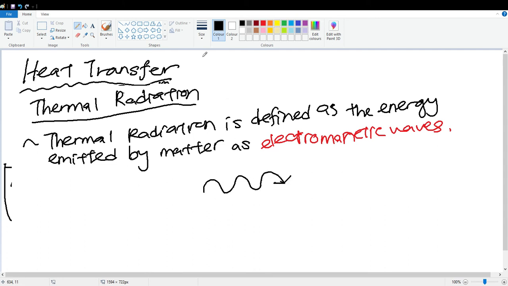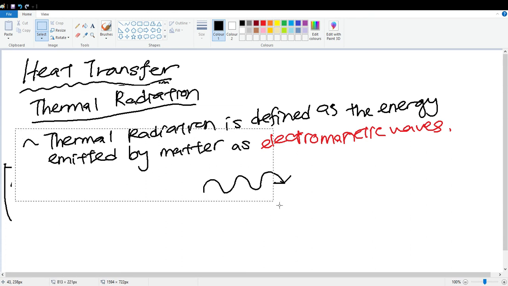So this is another transference of heat energy. One of the easiest and the fastest ways for the transference of heat energy, compared to the transfer of heat through solids or liquids or fluids as we discussed in the previous parts.